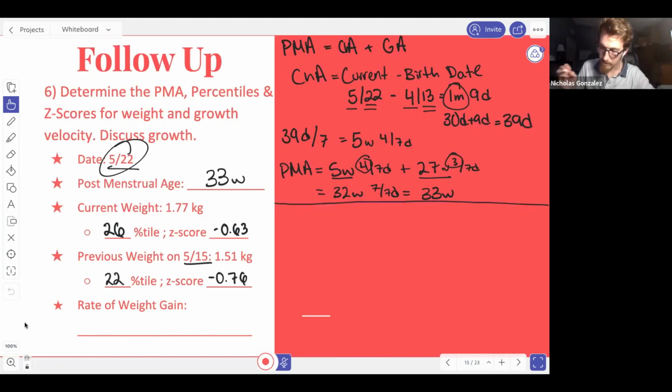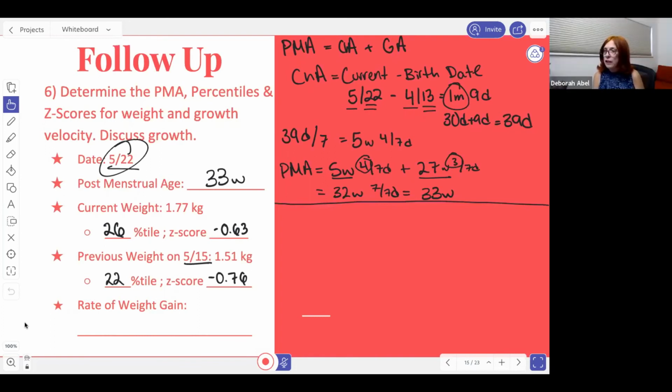Great. And before you go on and do the rate of weight gain, I just want to talk about this baby again. This is the same baby that we were slow at advancing the feeds. For whatever reason, I didn't tell you that, but now they're a month later, and they actually are no longer on parenteral nutrition.